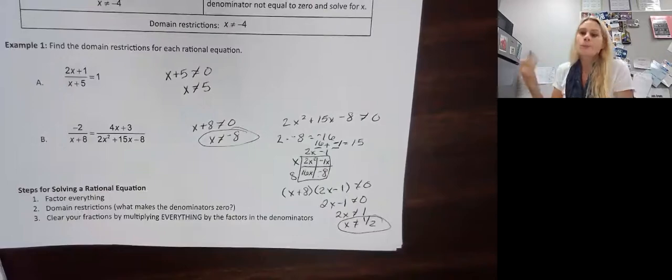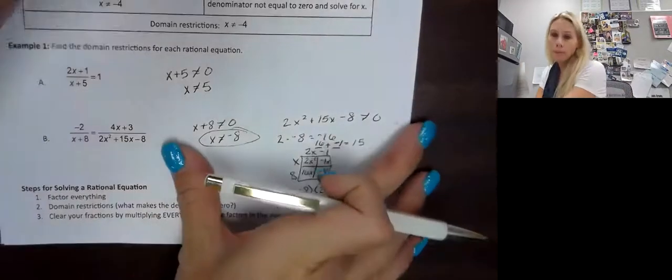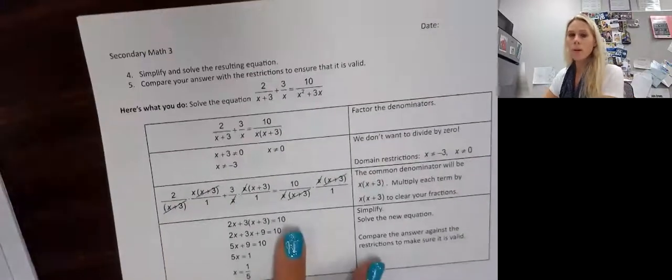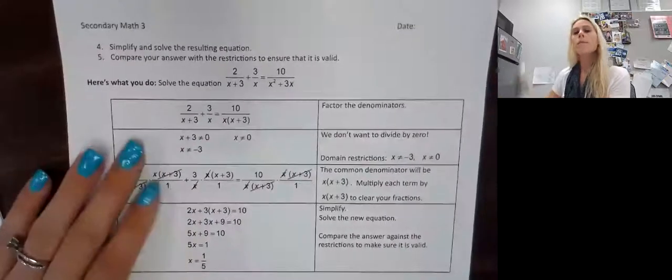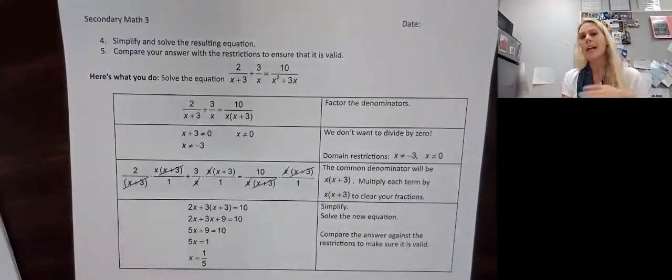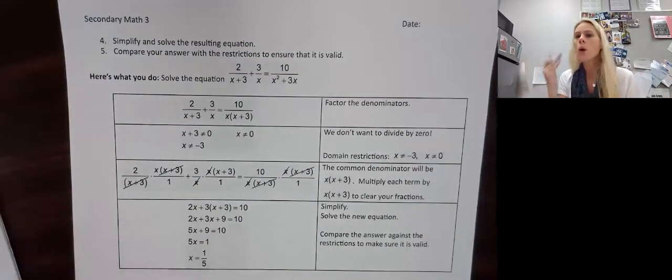In other words, common denominators, okay? Then we're going to simplify and solve our results, okay? Once we get our results, meaning x equals certain numbers, we have to compare them to the domain restrictions just in case. Because if it was one of those domain restriction values, it can't be part of our solutions, okay?